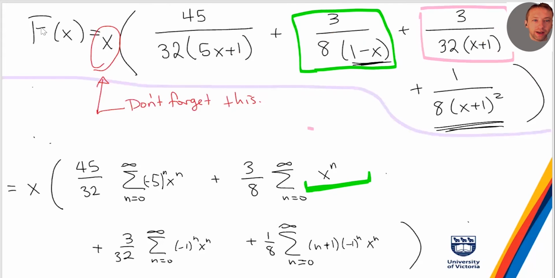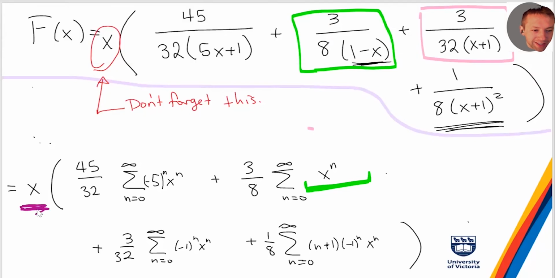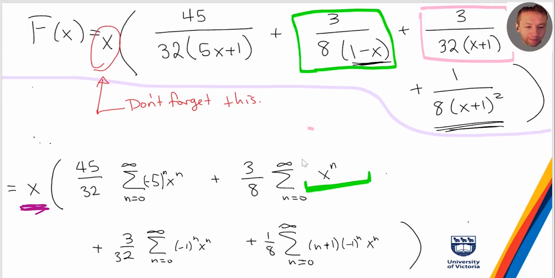Right. So what's the coefficient of x to the n? And here's the thing: do not forget this x here. There's this x that we pulled out a long time ago, and that changes things. If I think about putting this x inside, it changes all of these exponents to n plus 1. Those all become n plus 1. And then if you think about shifting the index, it's like making these exponents n minus 1.